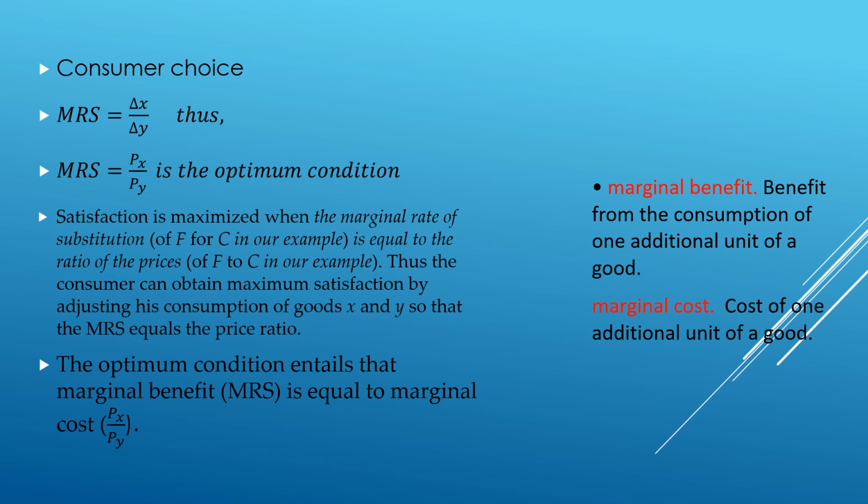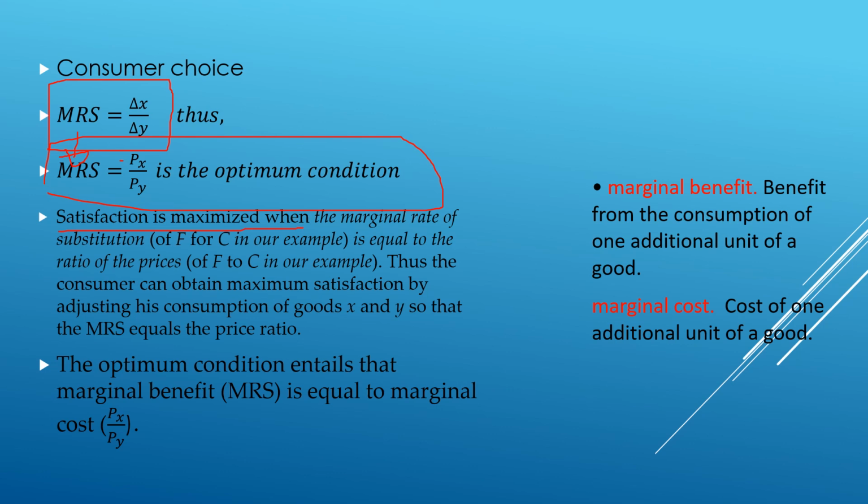Here is the consumer's choice. Since we have the MRS, how do you deal with the MRS? We have here MRS equals the price of X divided by the price of Y. That is the optimum combination. So if we arrive at this optimum condition, then we have already maximized our satisfaction.